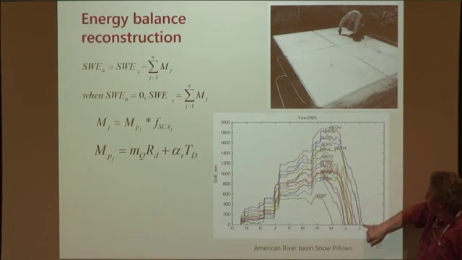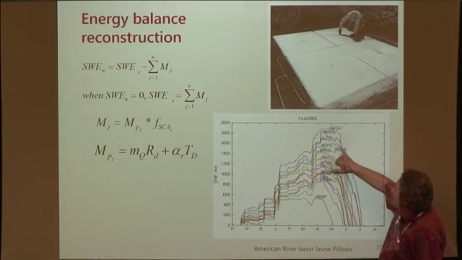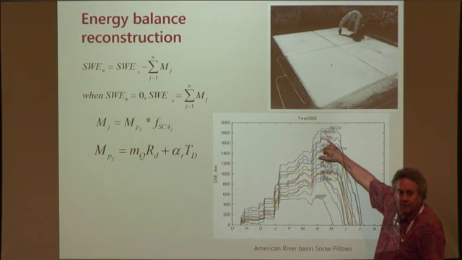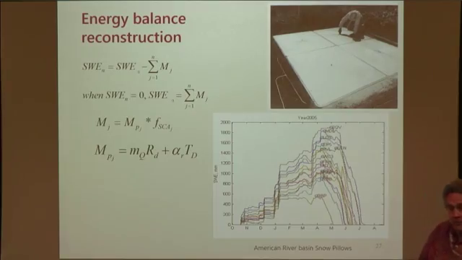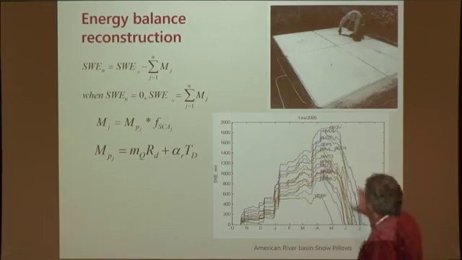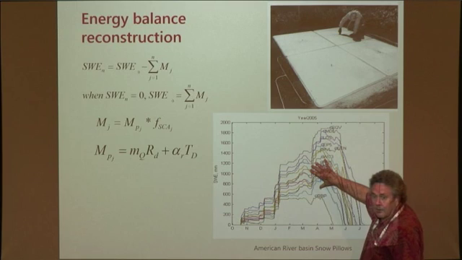If you don't have a snow pillow, but you know what day the snow goes away, and you can calculate the rate of melt, then you can back up and figure out how much there would have been. So this gives us a spatially distributed estimate of how much snow there was back to about the peak of the snow cover, right?